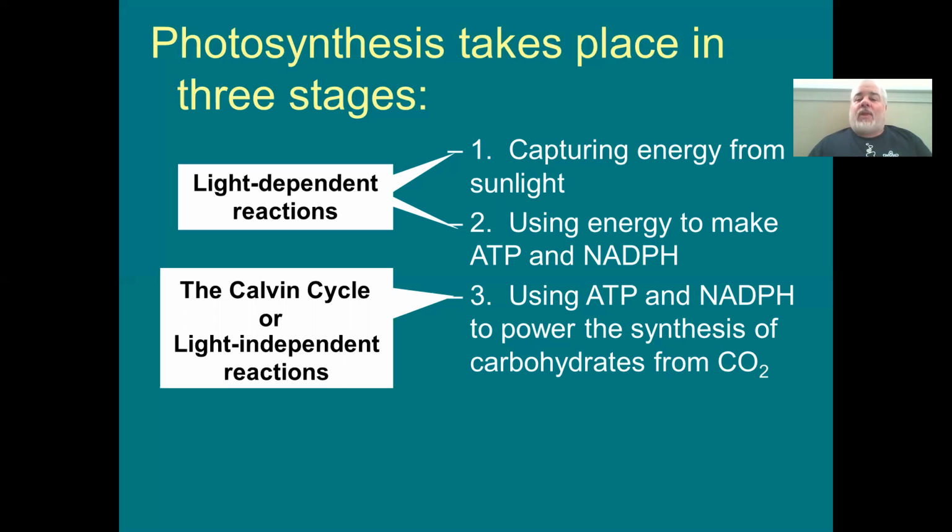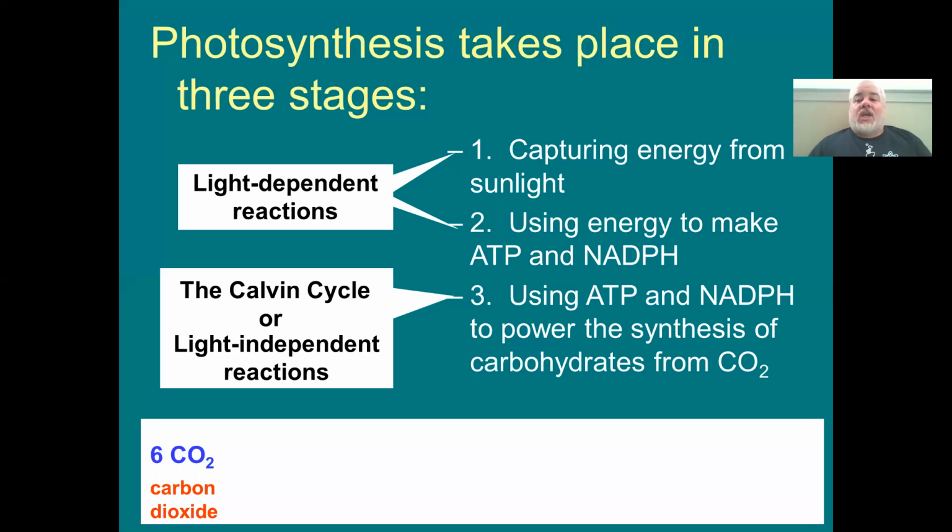And that's where I'm going to play softball and be nice to you guys. You need to know what the Calvin cycle is. You need to know the summary equation of it, but I'm not going to go into the details of the Calvin cycle. I'm going to only show you some important components of it that you need to know, but I'll leave the chemistry details for another class, another day.